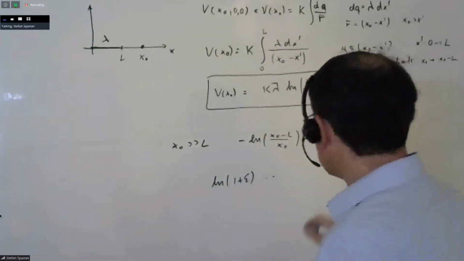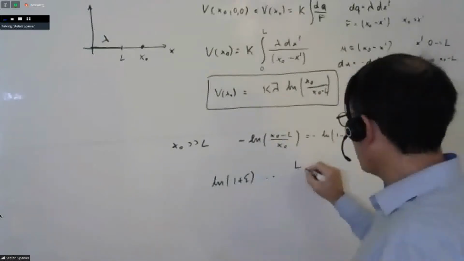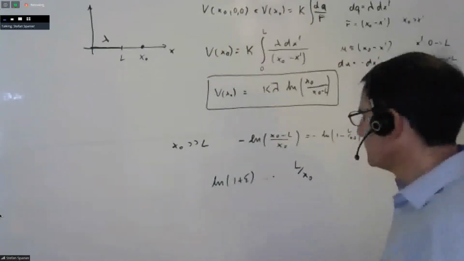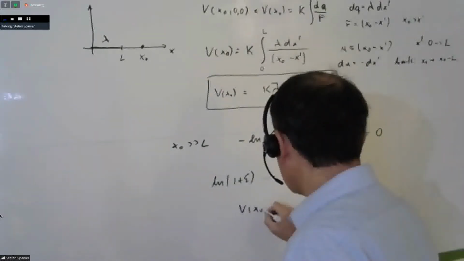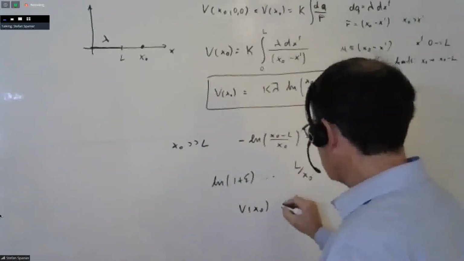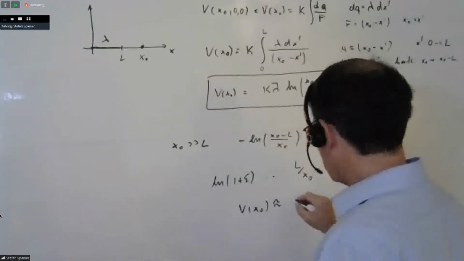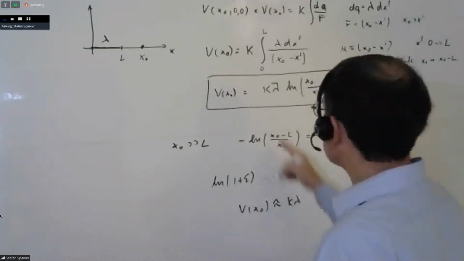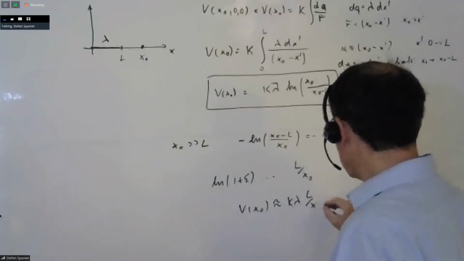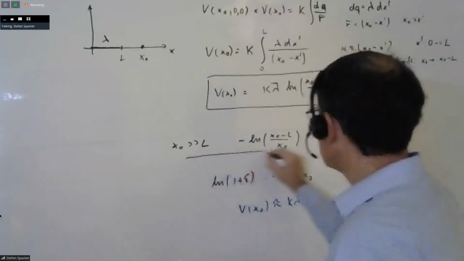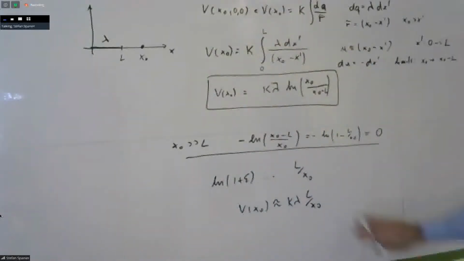So if you develop this, you find this L over x0. And that means if you had fully analytically written it out in approximation, this becomes k lambda times L over x0. But this is good enough. If you arrive here, that's even better.